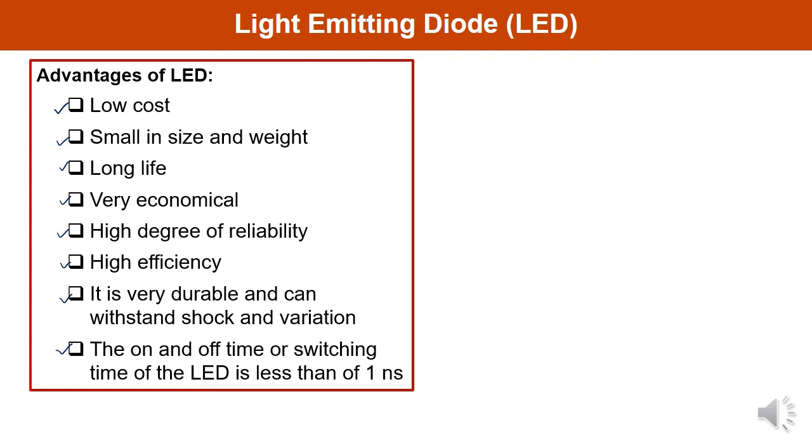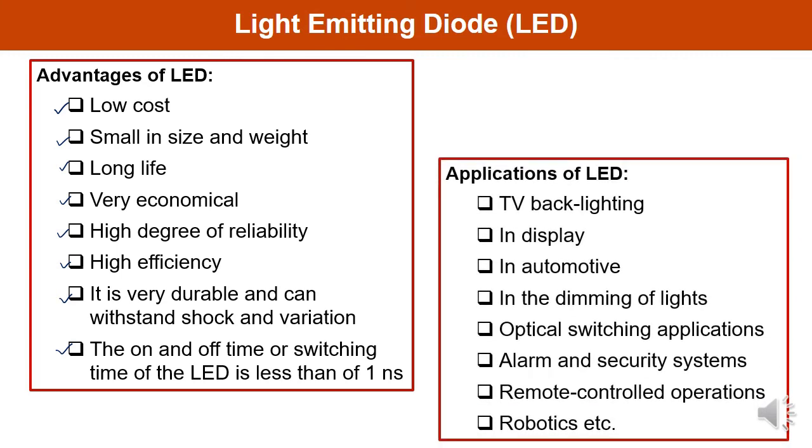But what are the applications where LEDs can be used? There are many applications. The common application is in displays. LEDs are used in TV backlighting, for numeric and alphabetic displays, in watches, calculators, and in audio and video equipment.